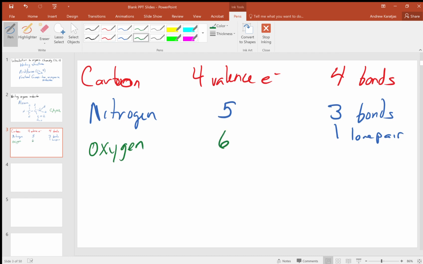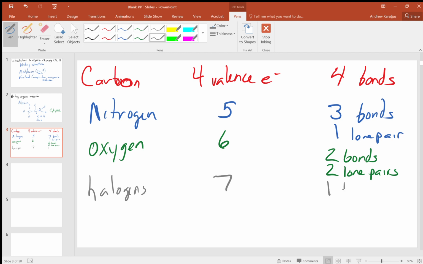Oxygen, 6 valence electrons, forms 2 bonds, and has 2 lone pairs. Halogens all have 7 valence electrons, and typically 1 bond and 3 lone pairs.